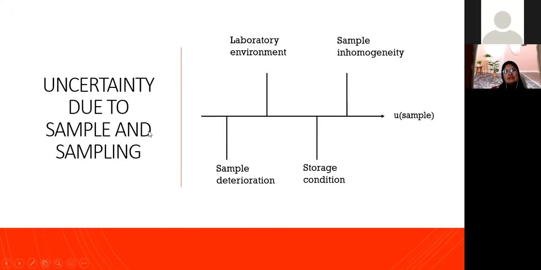First, for sampling, maybe sample inhomogeneity during the sampling. Then maybe the laboratory environment for the testing, and the storage condition, or maybe the sample deteriorates. So this is uncertainty due to sample and sampling. Okay, the fishbone.